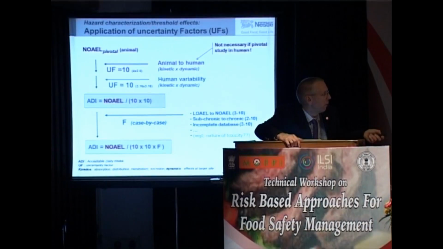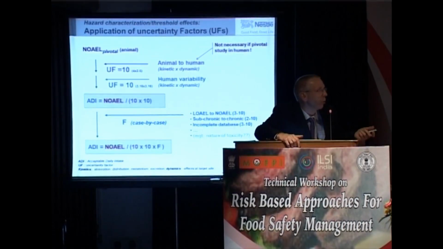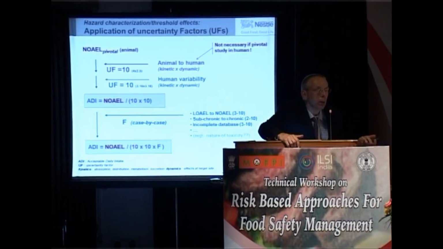And then we also have a factor of 10 to deal with human variability, which is also about kinetics and dynamics. So the ADI is the NOEL in general divided by a factor of 100. Sometimes you have additional factors which deal with inadequacy of the toxicological database. For instance, you don't have a chronic toxicity study. In that case, you have only subchronic, so you would add a factor to deal with this inadequacy and uncertainty.